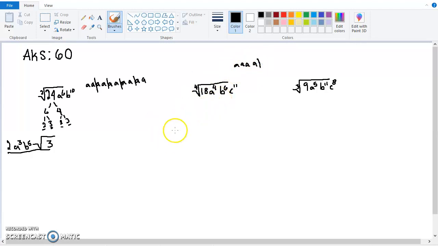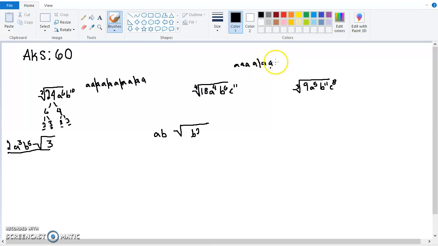So you're going to have just regular A on the outside, and then it wants you to have 6 B's, so 1, 2, 3, 4, 5, 6. And on the inside, whatever you have left over, you put on the inside. So it's going to be B squared on the inside since you have 2 left over.